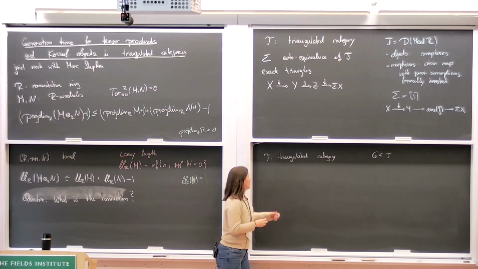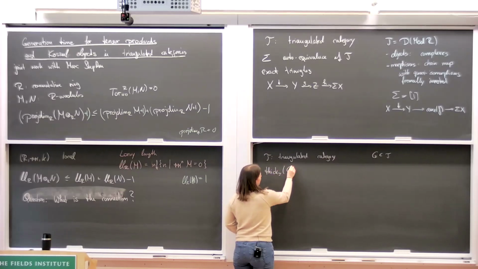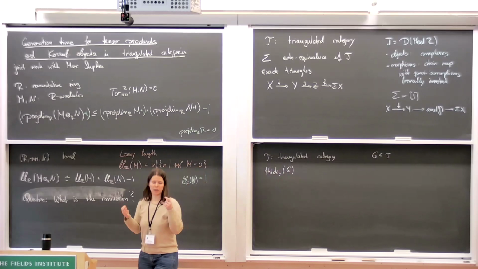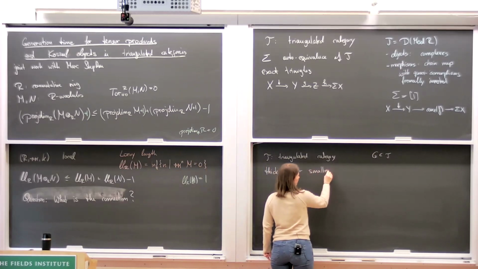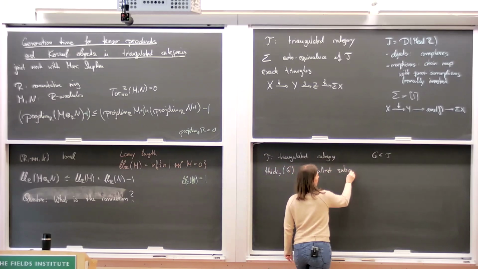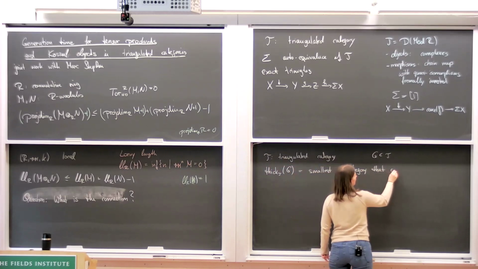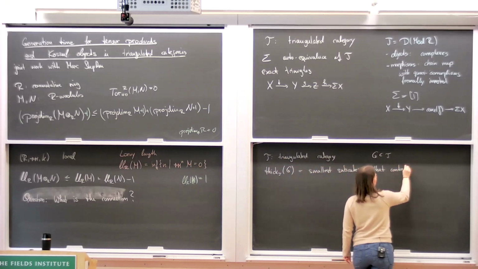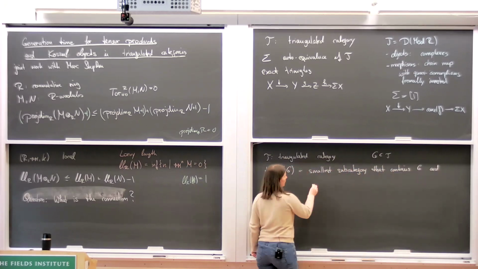So now there is the thick subcategory generated by G. This is the smallest subcategory that contains G, and that's closed under a couple of operations.